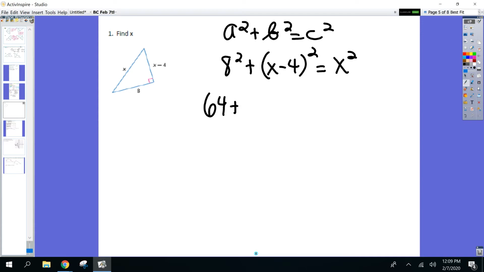And I get it. 64. And then I don't know. I get really freaked out now. What you are going to do here. We're not doing x squared plus 16, x squared minus 16. Get that garbage off your paper.